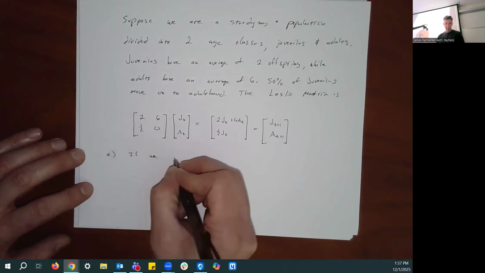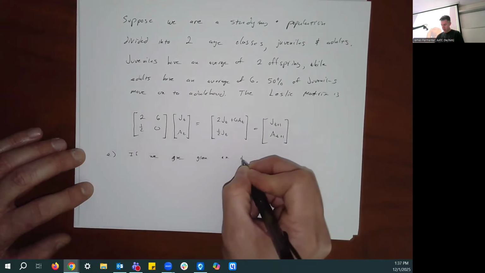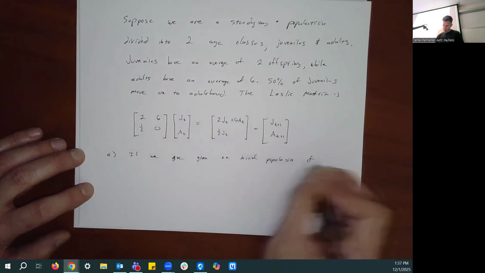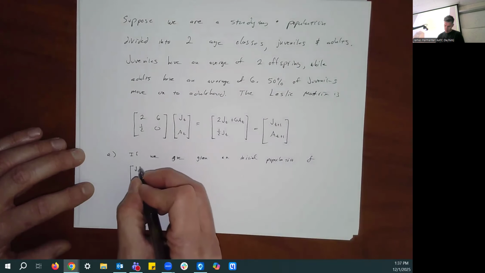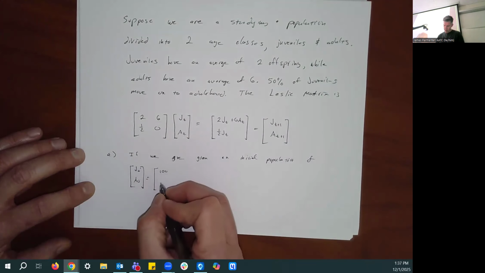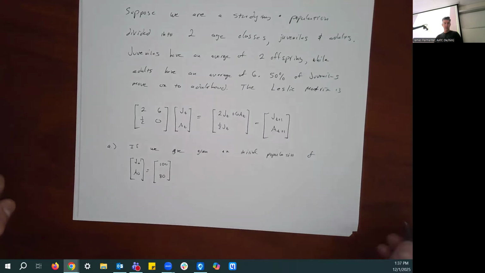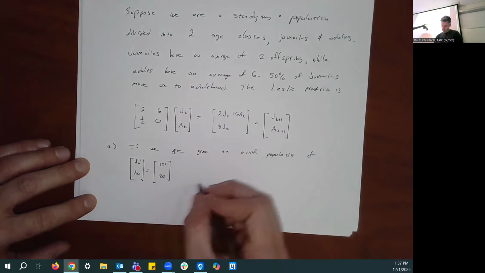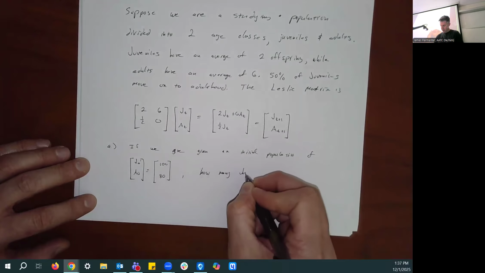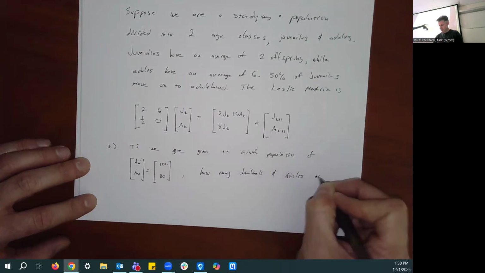So if we are given an initial population of J sub 0, A sub 0 equal to 100 and 80 respectively, so 100 juveniles at time 0 and 80 adults at time 0, how many juveniles and adults are there at time 1?